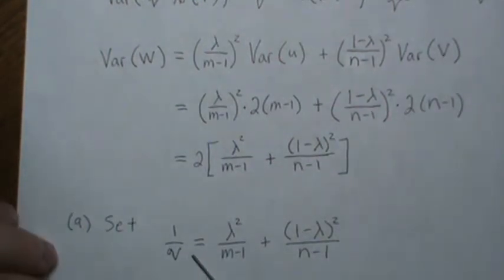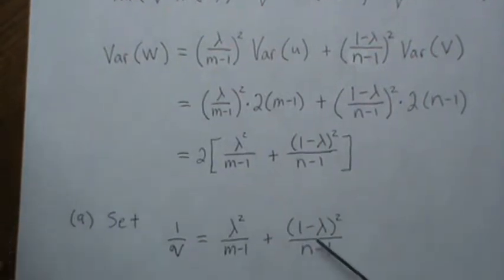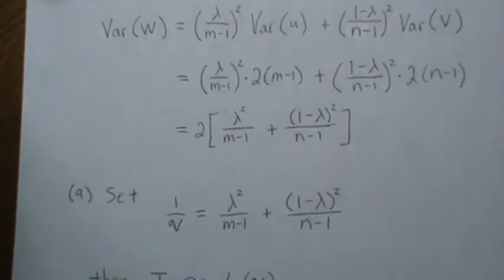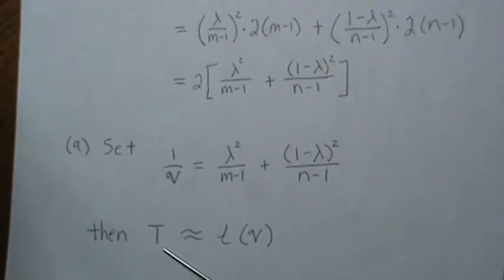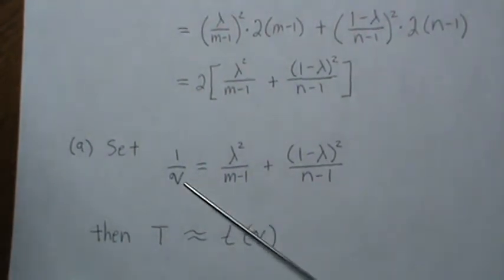So if we solve for nu, that's our degrees of freedom for our t distribution, and then that ratio approximates the t distribution very closely. So T is approximately t with this degrees of freedom.